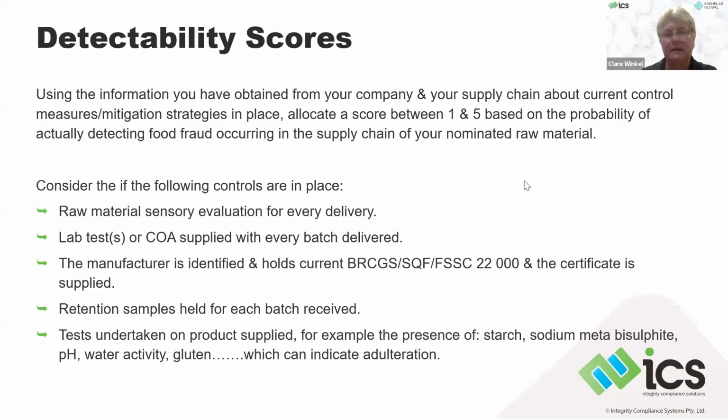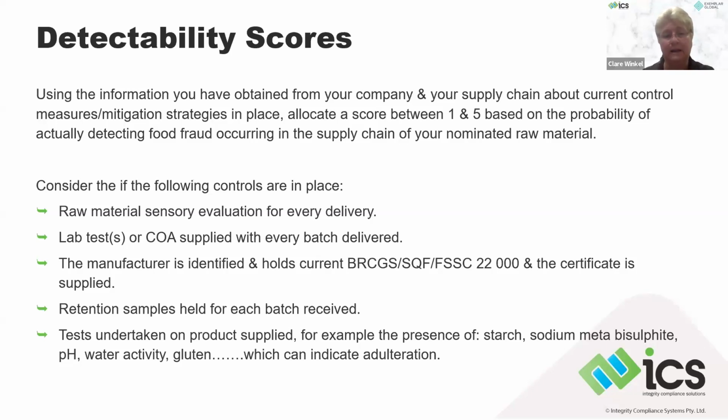So we mentioned detectability. You can't just look this up on a database. These are the controls that your company already has in place. Some people are doing raw material assessment on all delivered raw materials. That's brilliant. People get lab tests, but what are they getting lab tests for? What type of certification do you ask your suppliers for?